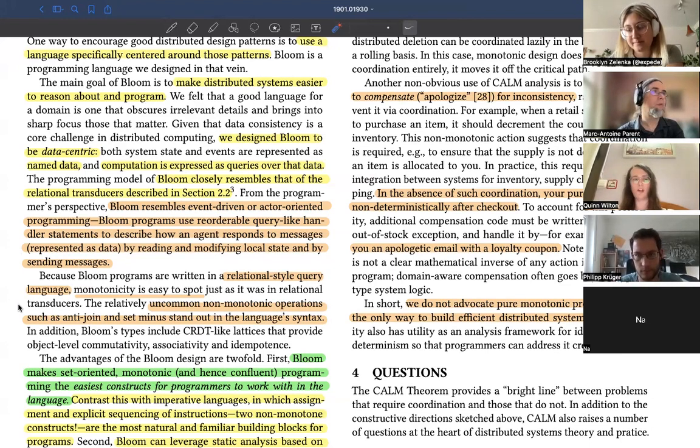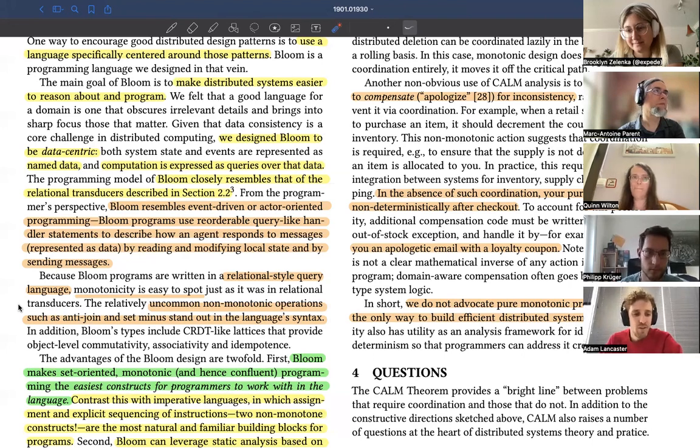I wondered if Pony had anything like this. I don't believe Pony did. What I was going to say about Bloom is, just to answer Mark's line of inquiry, Bloom is essentially Datalog under the hood.